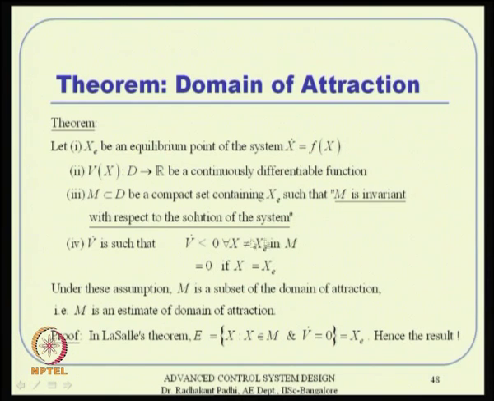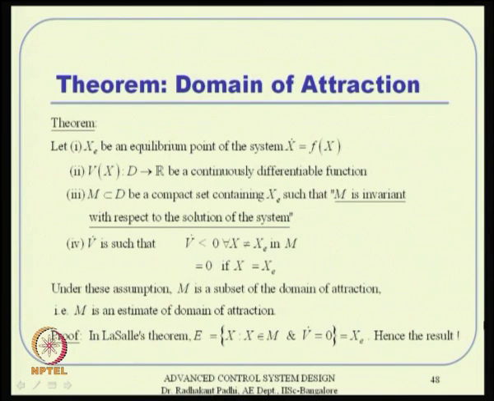And this M that we are talking about is a subset of the domain D, a compact set containing the equilibrium point x e, such that M is an invariant set with respect to the solution of the system. That has to be guaranteed. Under these assumptions, M is not the domain of attraction, but M happens to be a subset of the domain of attraction.